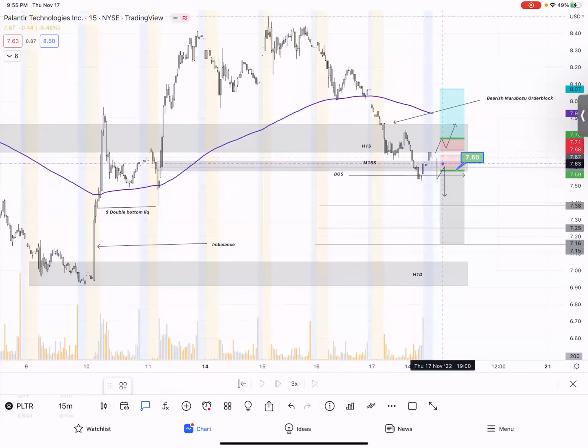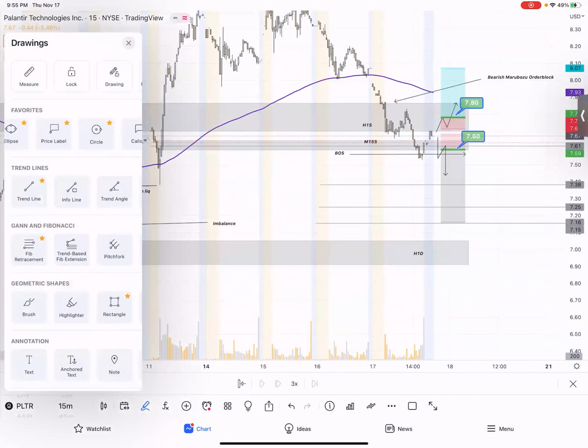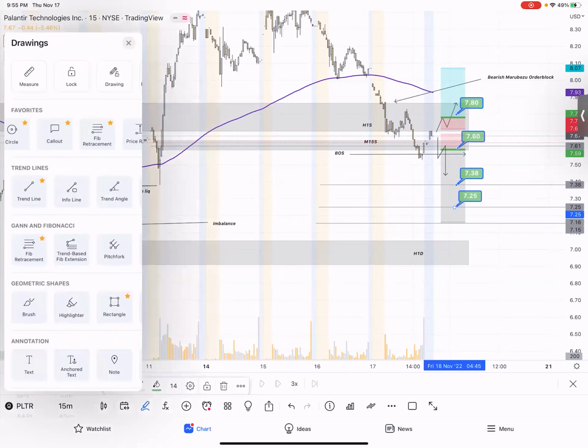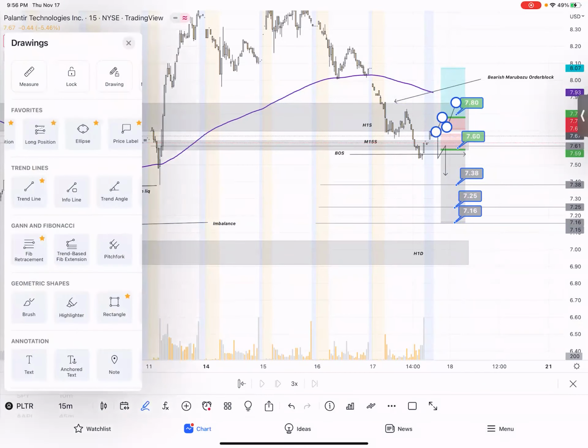But let's go ahead and prepare for the upside just in case. PT1 for longs is going to be the 200 MA, and then the imbalance that's above it.